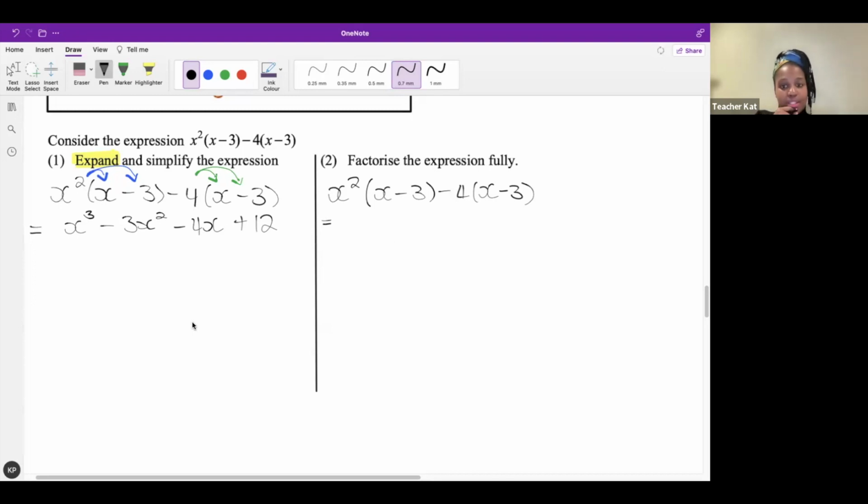Is there a common factor here? Yes. And what is my common factor? It's a common bracket. The whole x minus 3. Do you see that, guys? So I'm going to take out my whole x minus 3 because it's a common bracket. What's going to be left for my first term?